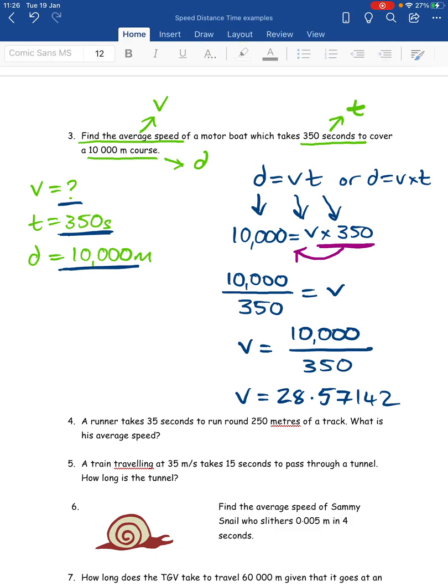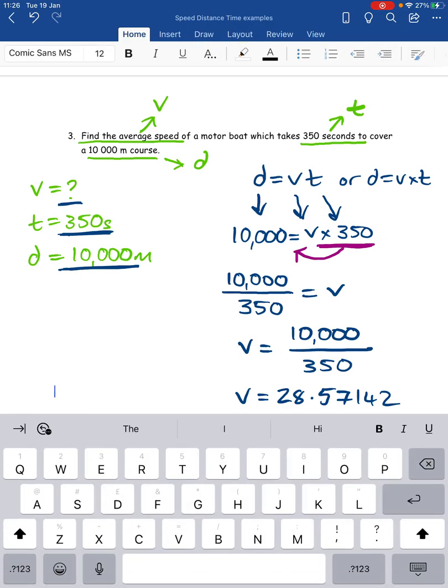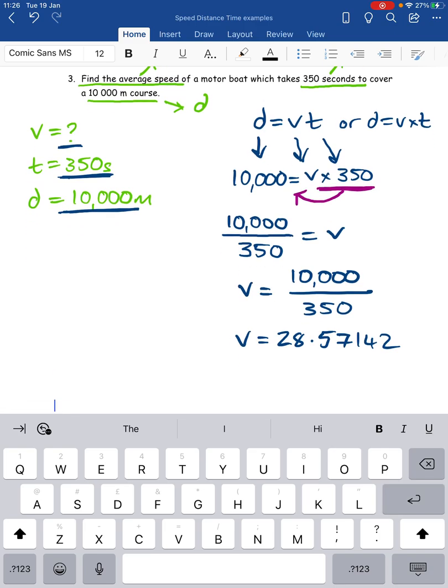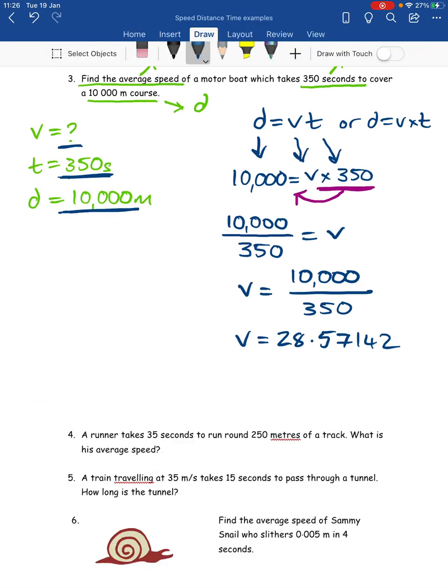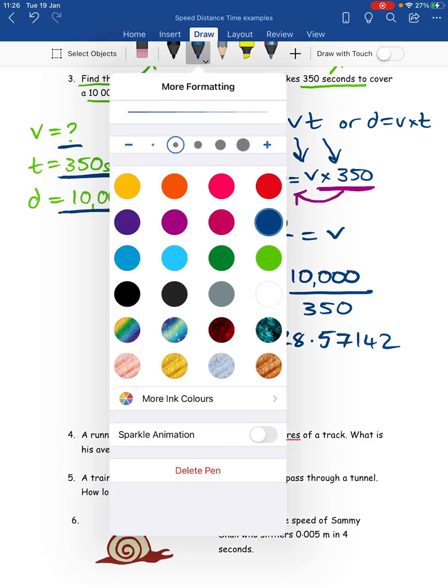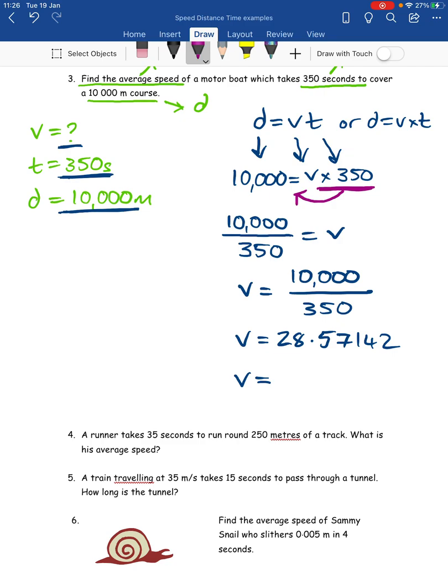Now I don't want that many numbers after the point, so I'm going to round my final answer before I underline. So if I look at this part here, and use my rules from maths for rounding, I look at the 7, and the 7 is a number between 5 and 9.